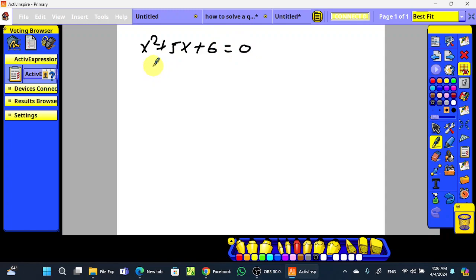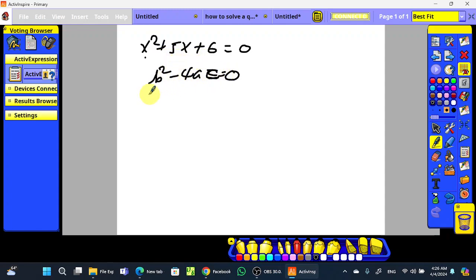To solve this problem using the completing the square method, what does completing the square mean? It means making the equation a perfect square, that is, making b squared minus 4ac equal to 0.